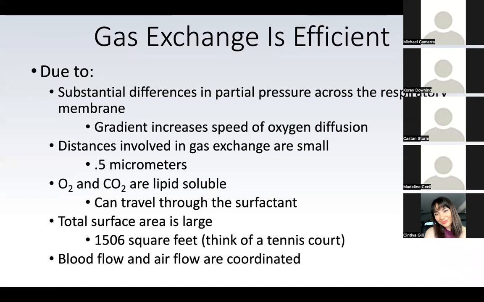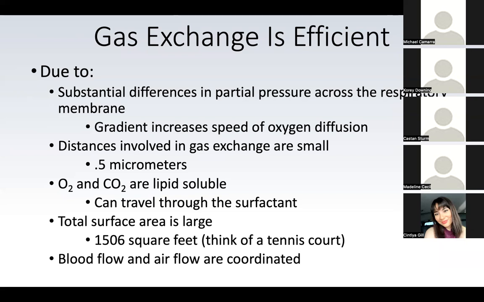Oxygen and carbon dioxide are also lipid soluble, which is wonderful because surfactant is lipid based, and because surfactant is present in substantial amounts around the alveoli sacs to decrease surface tension due to water, it is important that oxygen and carbon dioxide are able to diffuse through surfactant, because otherwise it would be in the way.